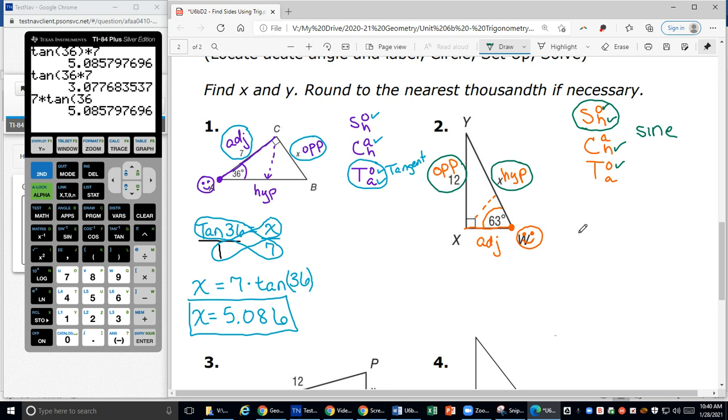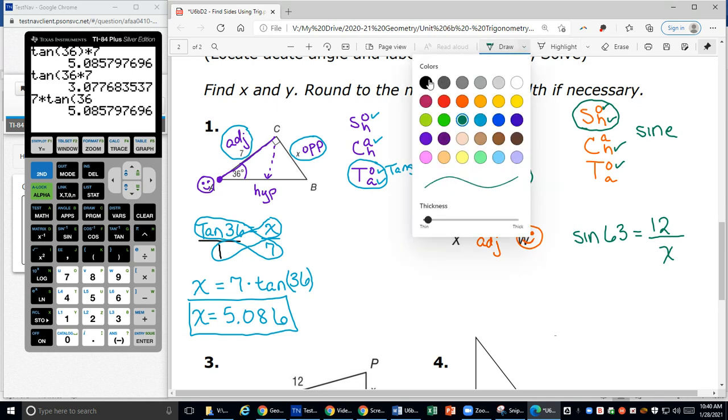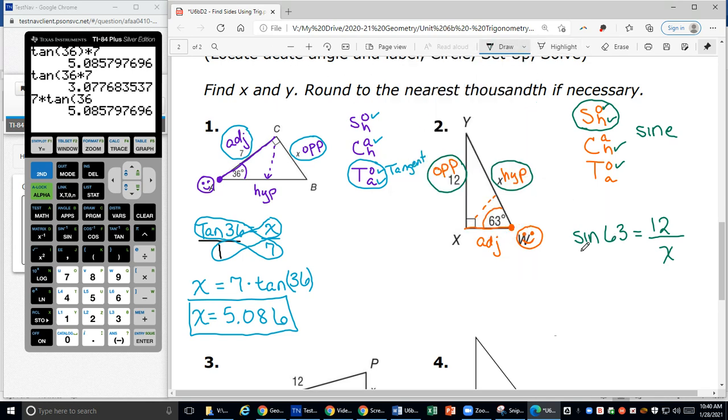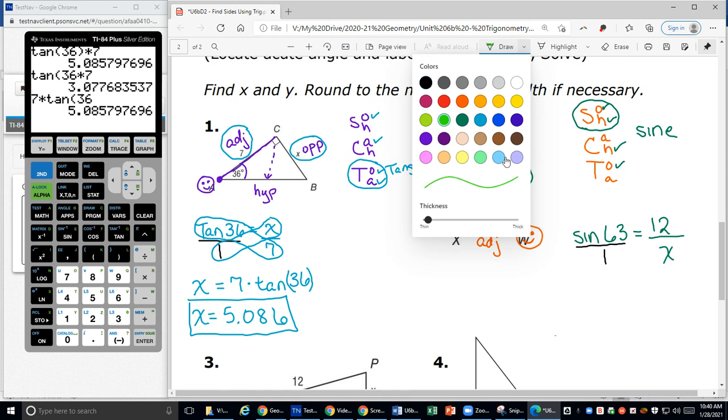So it's going to be the sine of the angle. My angle is 63, is going to equal the opposite over the hypotenuse. My opposite is 12. My hypotenuse is x. Okay, so then we want to take that trig function and make it into a proportion by putting the trig function over 1, because now I can cross multiply this and solve.